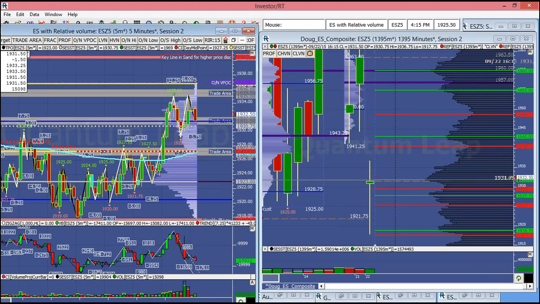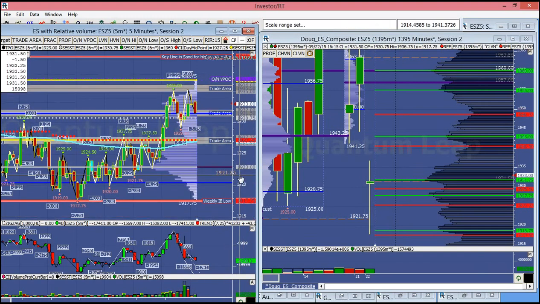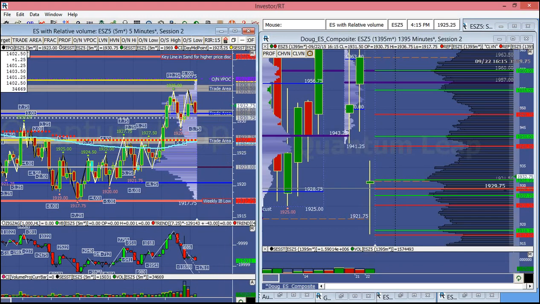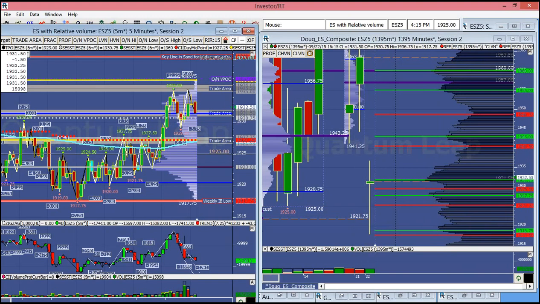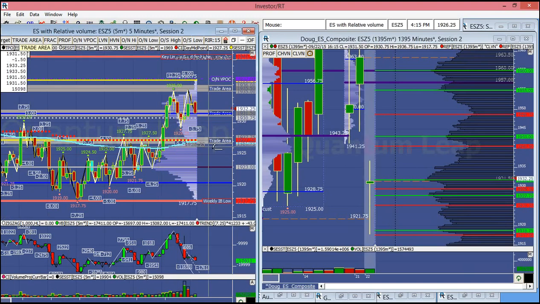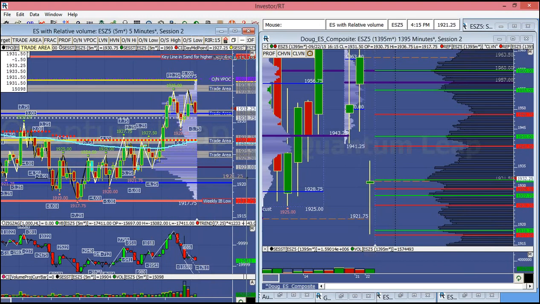If we get below that, then I'm looking for a move down into this 23 and take out the naked VPOC. You might want to keep an eye on this 25.25. There's an HVN right there, so you can actually use that as a secondary entry too here at 25 into the 23.